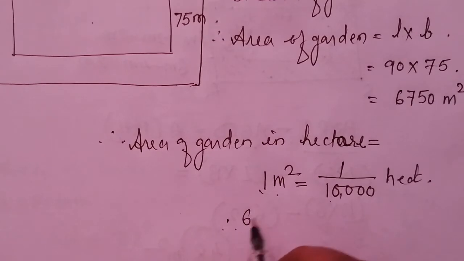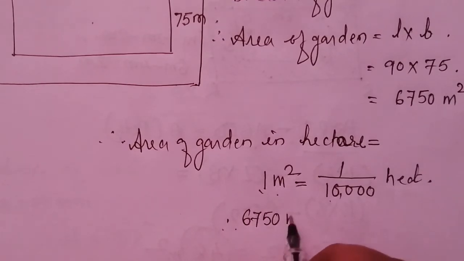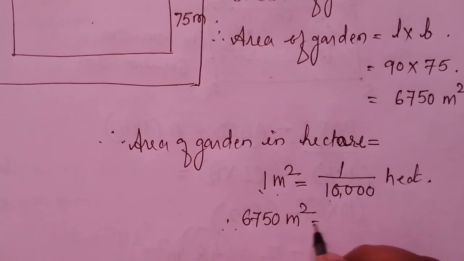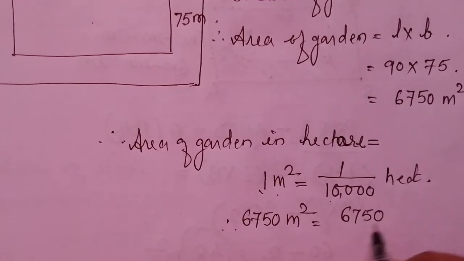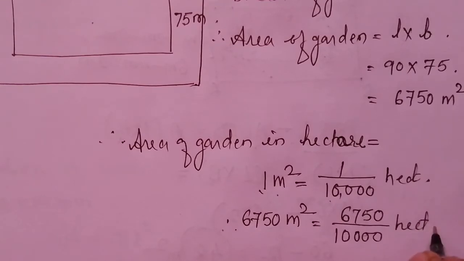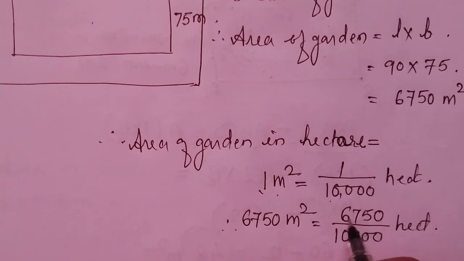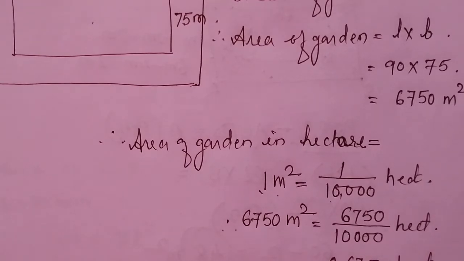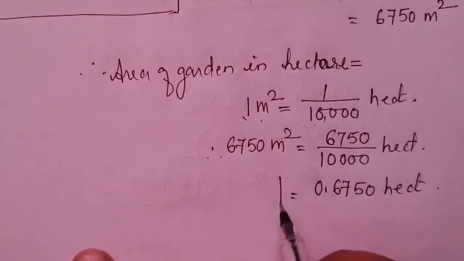Therefore, 6750 meter square, converted to hectare, is 6750 divided by 10,000. That means moving four decimal places, it is 0.6750 hectare. This is the area of the garden in hectare.